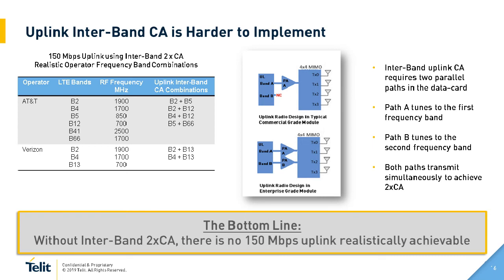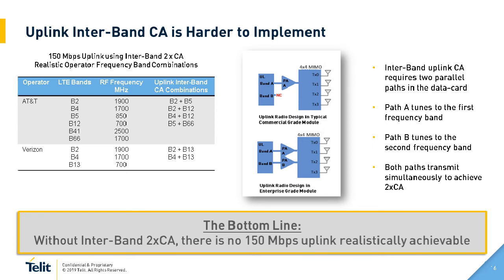So as an example, if you want to combine band 2 and 5, you can see that these are the combinations that are required in the device to be able to support that operator. So your one RF chain has to be on 1900 megahertz frequency, which is band 2, and the other chain would have to be tuned to 850 megahertz, which is band 5.